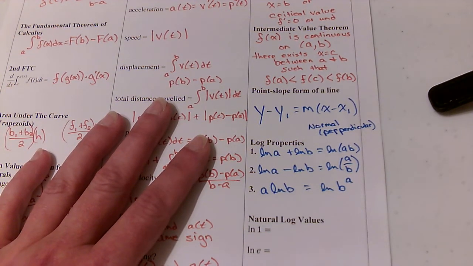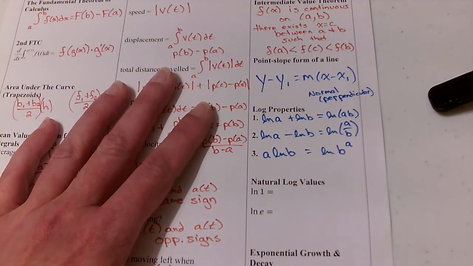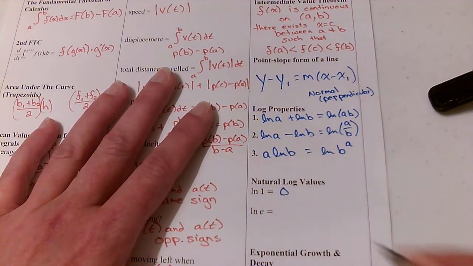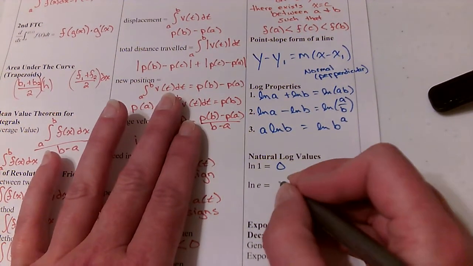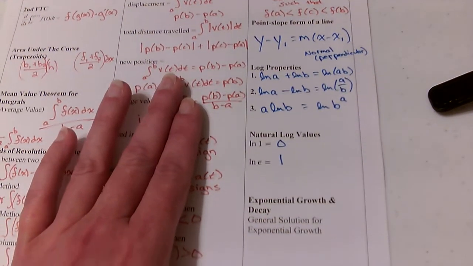And vice versa. It's a good way to get an exponent out too. Natural log of 1. E to what exponent gives me 1? Natural log of e. E to what exponent gives me e? Those are good ones to know.